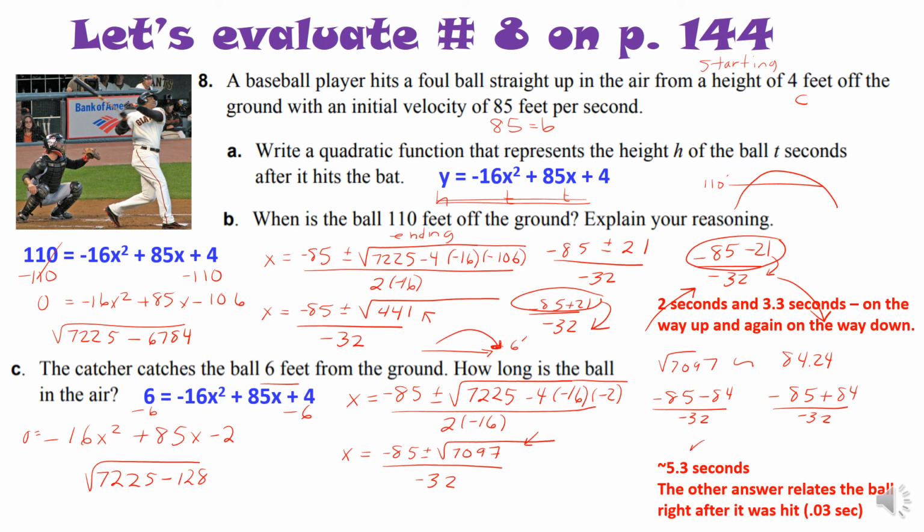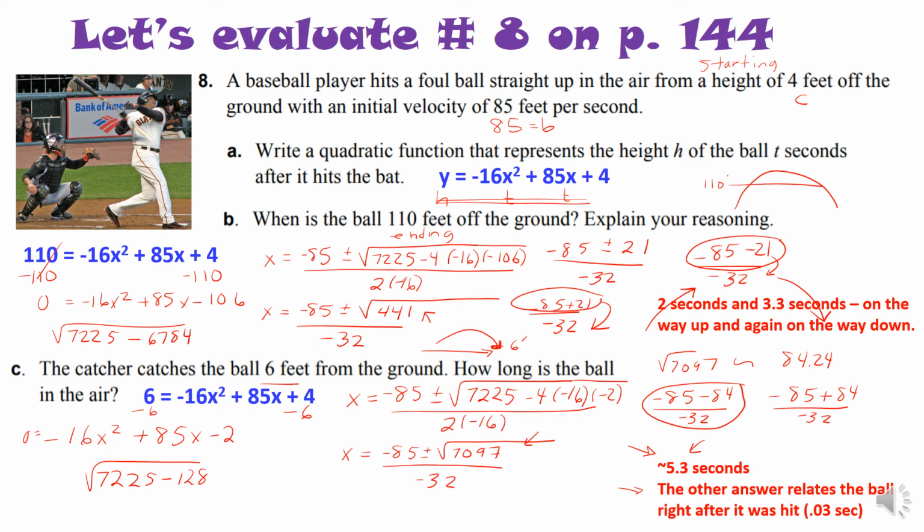So the 5.3 seconds is the ending one. That comes from this answer. The other one relates to the ball right after it was hit. It started at 4 feet and hit 6 feet 0.3 seconds later. So that one doesn't apply to this answer. This is the only one that we're looking at because that's how long the ball was in the air.